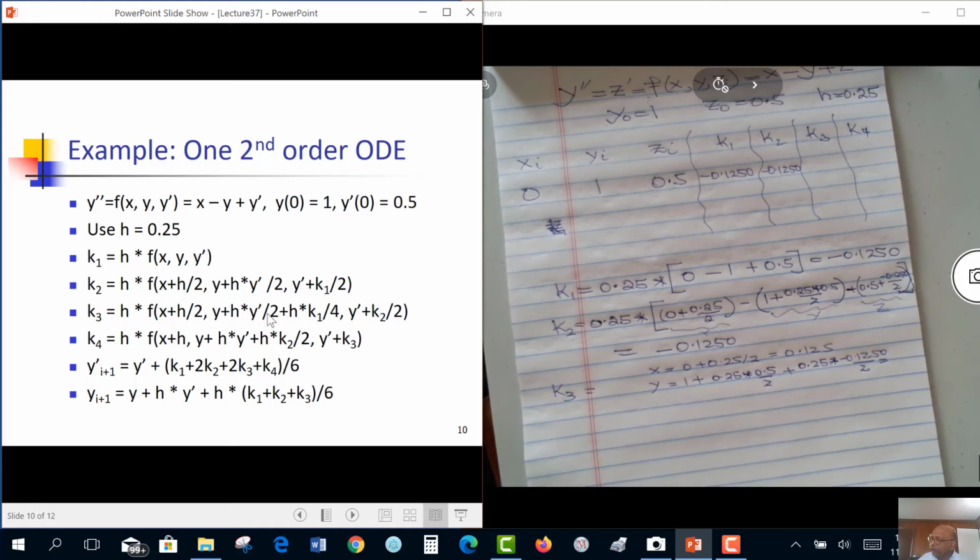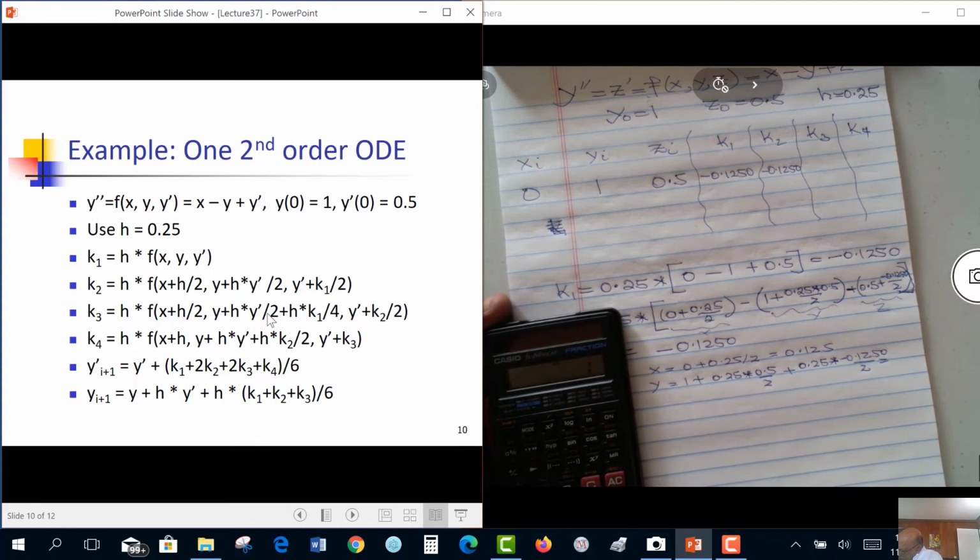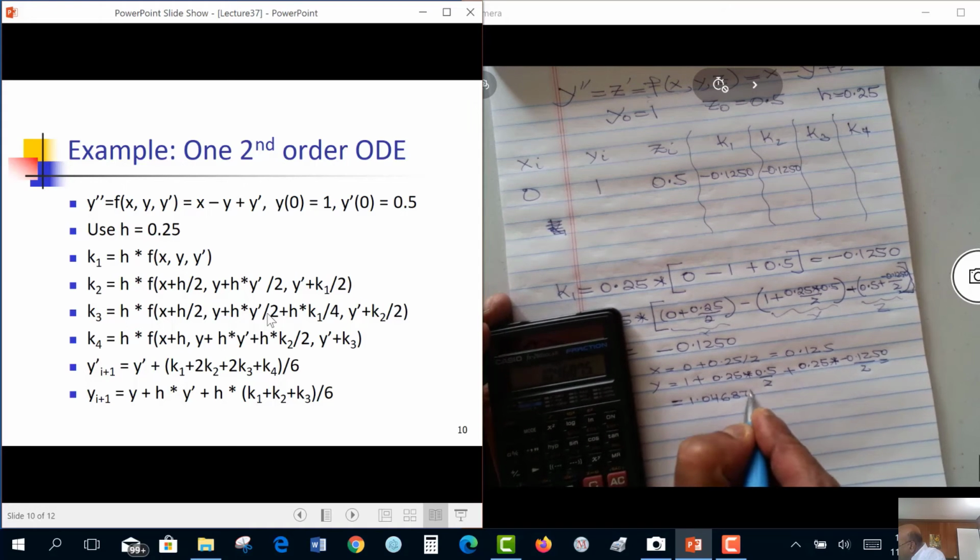So this will become 1 plus 0.25 times 0.5. So we'll get 1.046875.